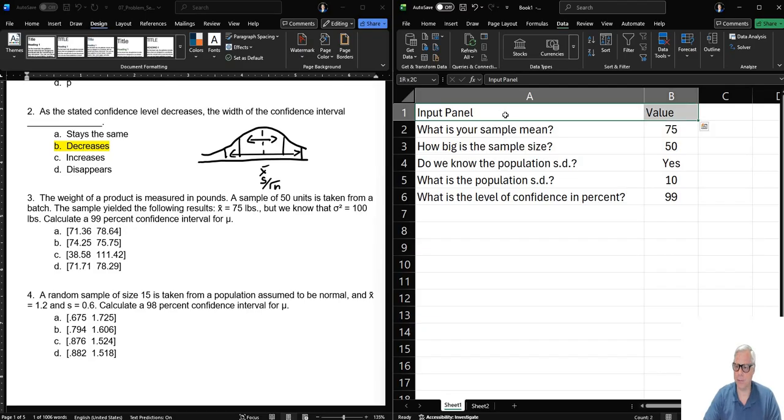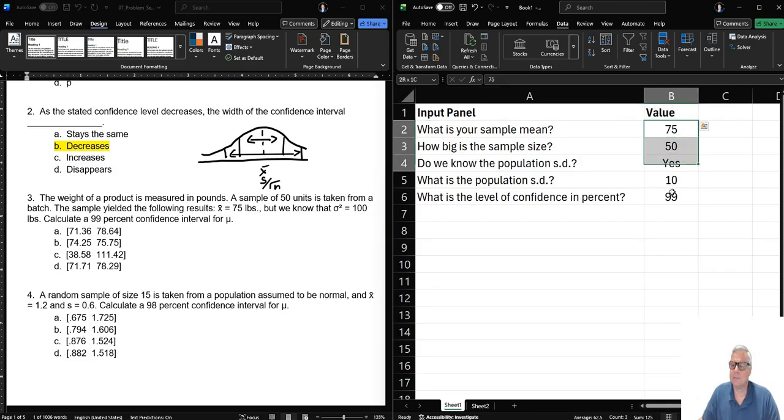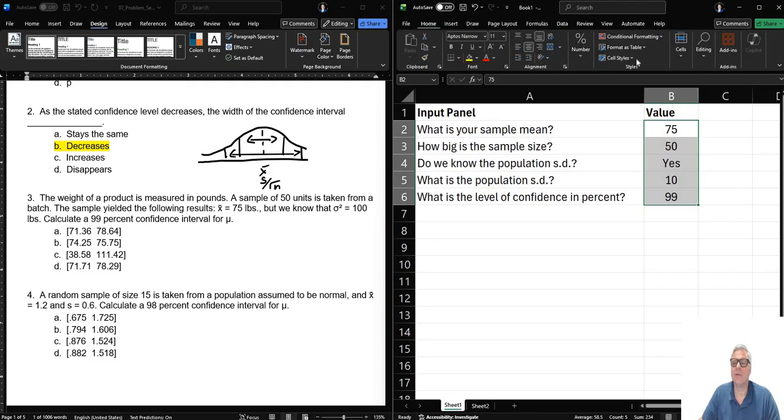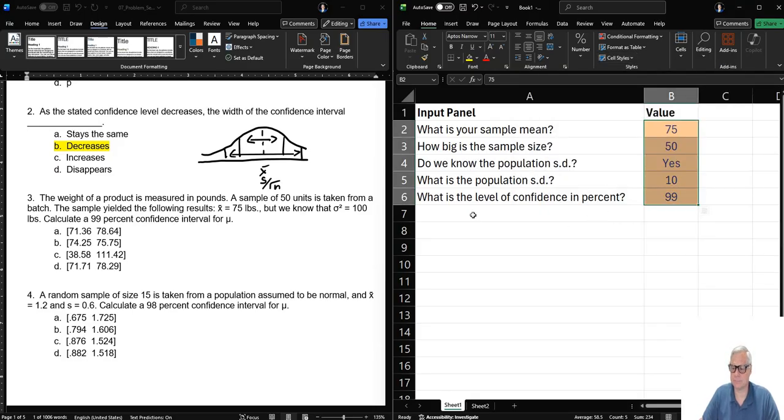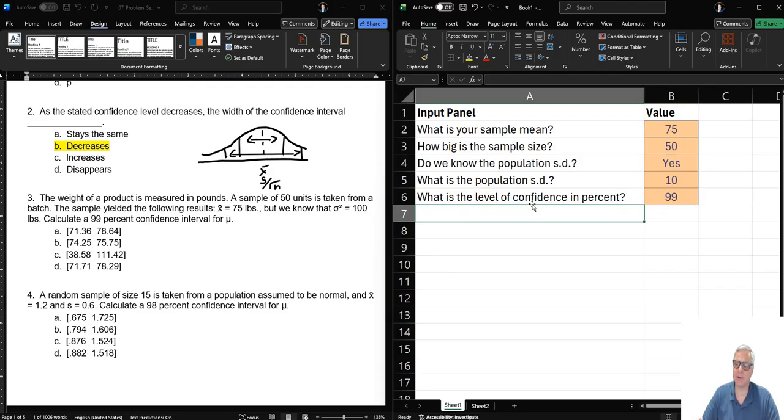Now we can format it a little bit nicer. Input panel, value, and those fields are essentially input fields, and there is something we can do in Excel. When we go to the home button, there is cell styles. We can format these cells as an input cell, but you can use any other design that you like.